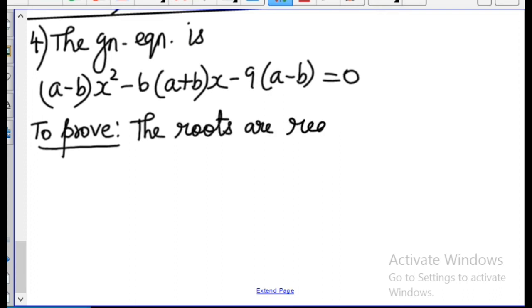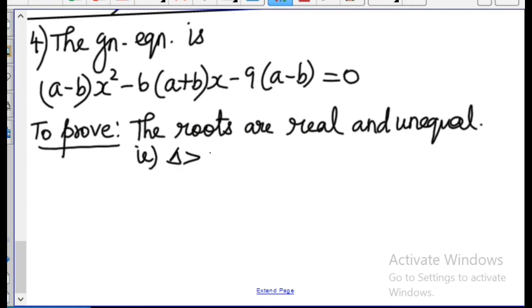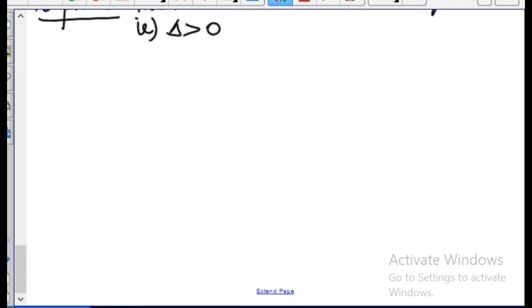Real and unequal, that is delta is greater than 0. We have to prove that the discriminant delta is greater than 0. So using the general form, we find the coefficient of x squared, x and the constant term.